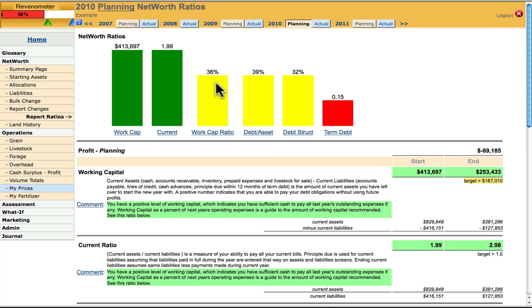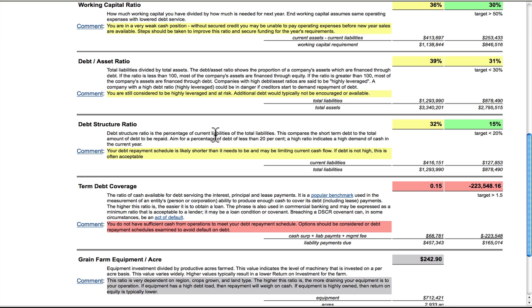The next bar that we're looking at, which is yellow, is the working capital ratio. Even though we have a strong working capital, when we go down to the working capital ratio, we look at how much working capital you have divided by how much is needed for next year. Here we like to have a 50% amount of working capital going into the year, and the working capital was at $413,000, but your working capital requirement is much higher at $1.1 million.